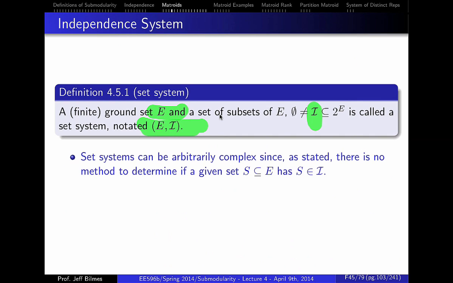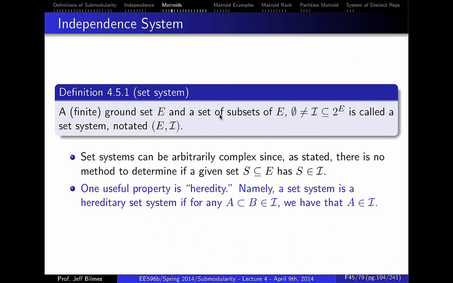So the only way to determine whether or not a given member is in I is to go through and check each one. They can be arbitrarily different from each other, arbitrarily complex. They can have arbitrarily many different properties.